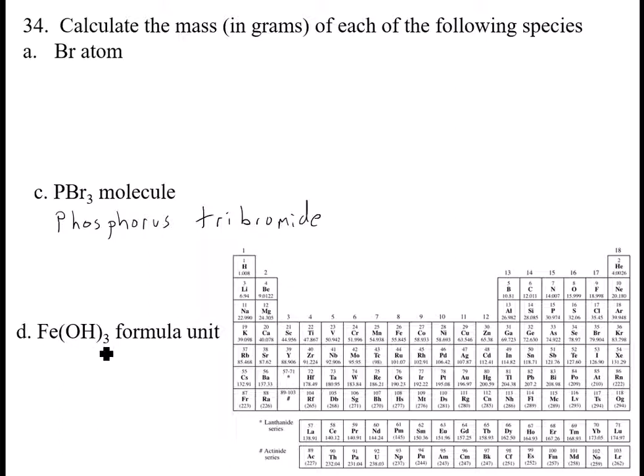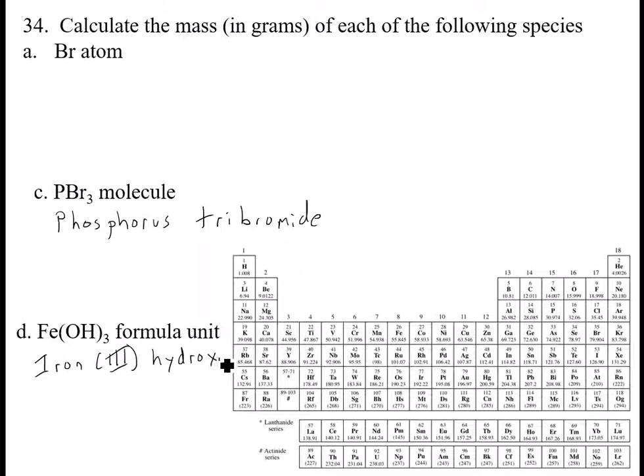This is ionic. Iron is a transition element right here, so I have to put the charge. So I have to know that OH is a -1, so therefore it's iron 3 hydroxide.